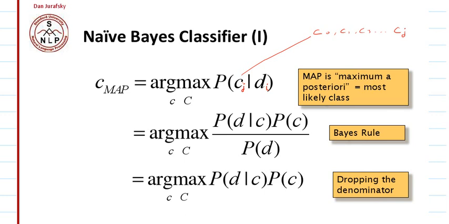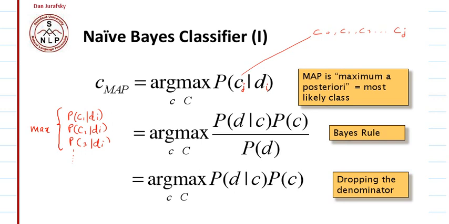So argmax is a function that you can assume works like this. It finds the max of all these probabilities: p of c1 given di, p of c2 given di, and p of c3 given di, and so on.